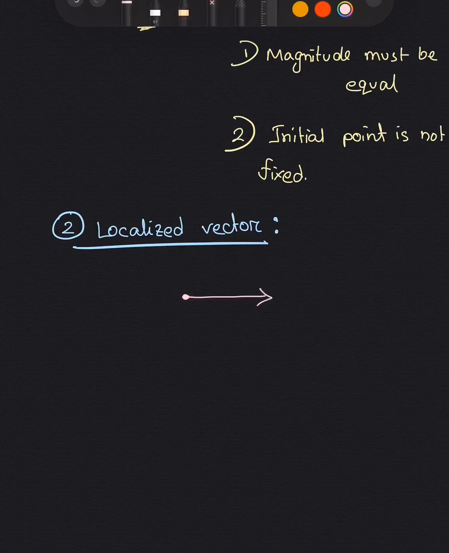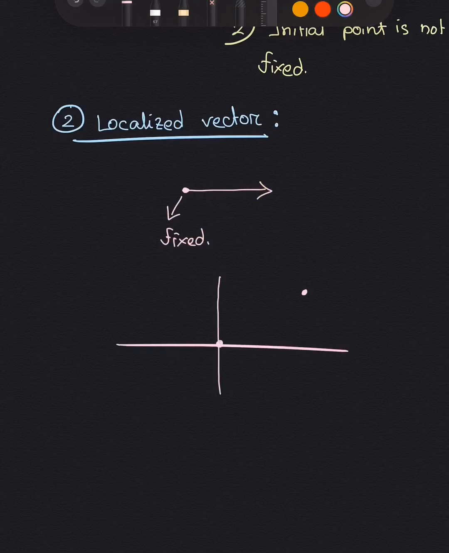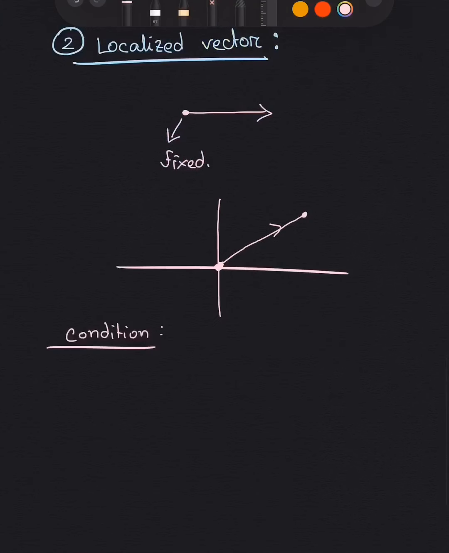In this case, the initial point is fixed. Again, if you know about the position vector, you know that position vector is counted in accordance with the origin. So position vector is also a localized vector since it is counted on the basis of the origin. So the condition of localized vector is that the initial point must be fixed.